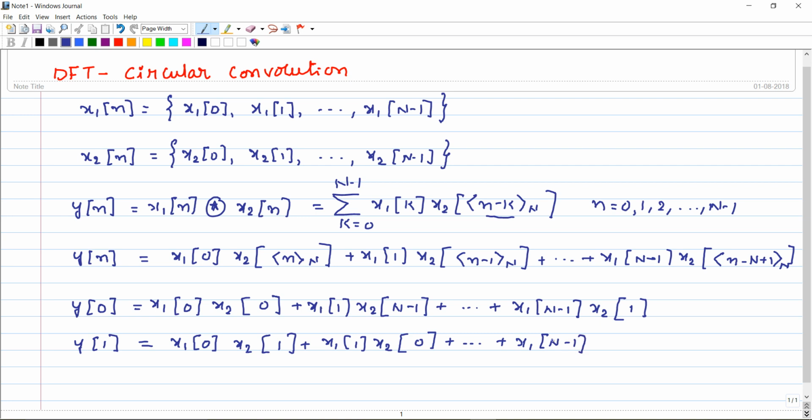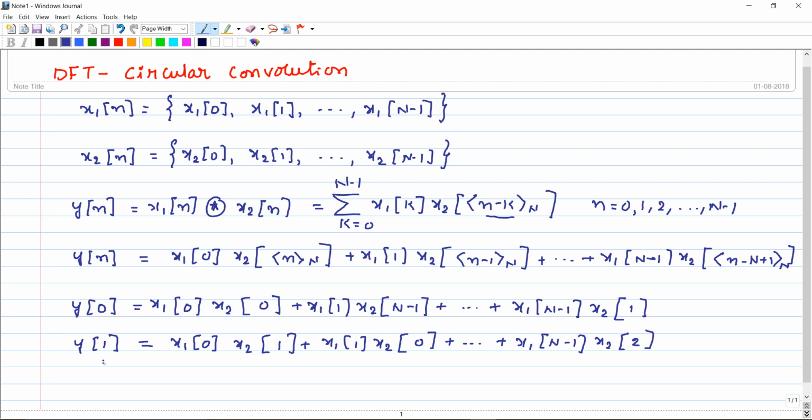x1 of n minus 1 multiplied with x2 of, because n is 1, you'll get 1 minus n minus 1, which is 2 modulo n, equal to 2. And you can continue like this.